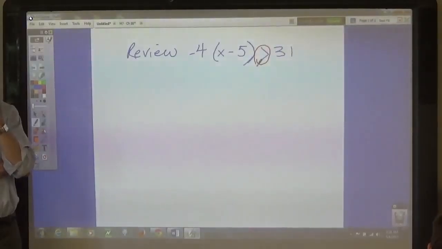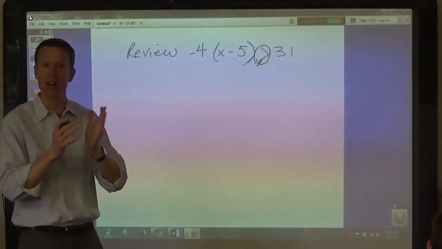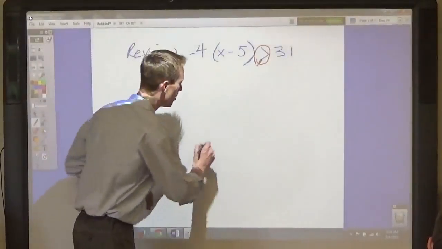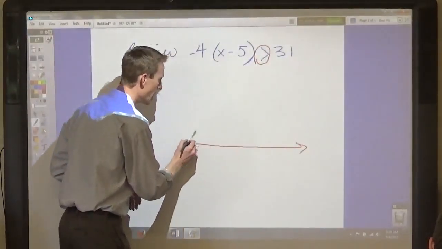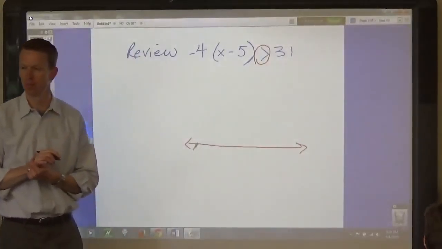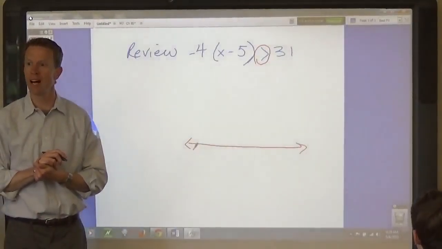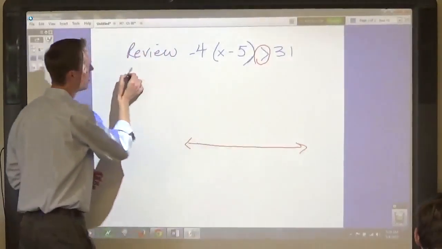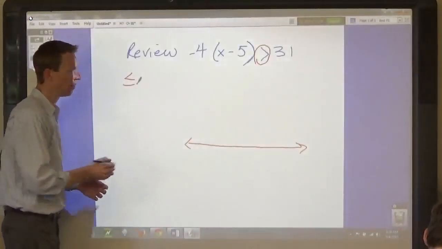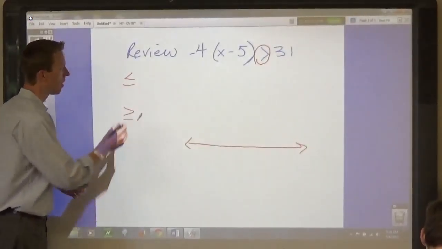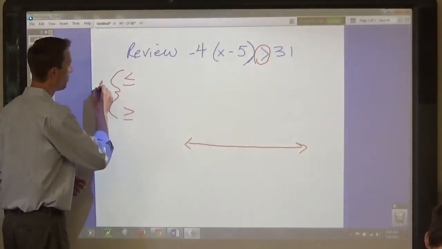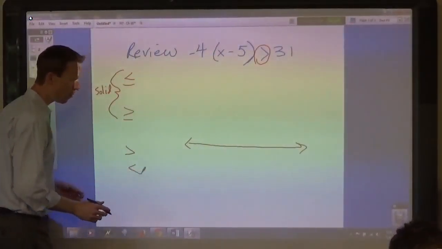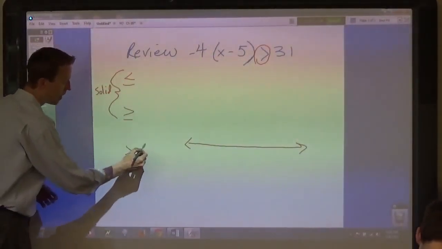We'll use a dashed line if we are graphing it on a coordinate plane, and that's what we're going to be talking about today. Before, when we were graphing this on a number line, what kind of dot would we use? An open dot, right? We would use a solid dot if we're working with less than or equal to, greater than or equal to. But for just greater than or just less than, we'd use an open dot, right?